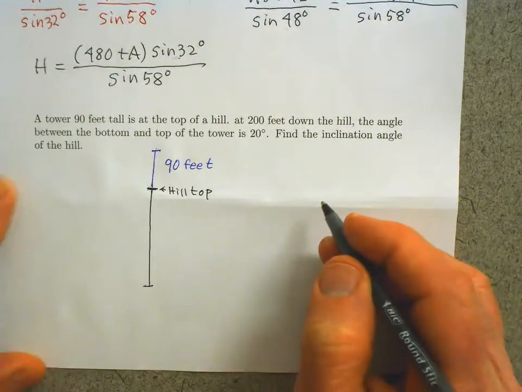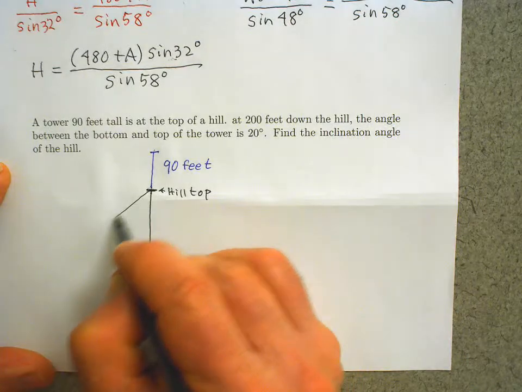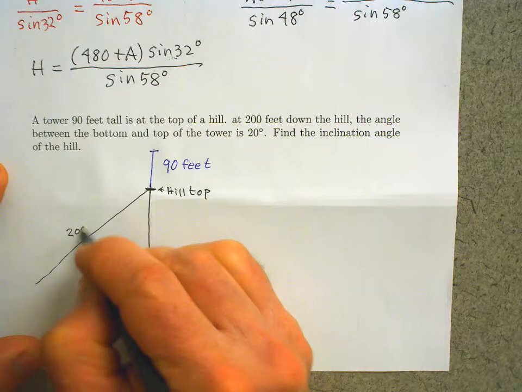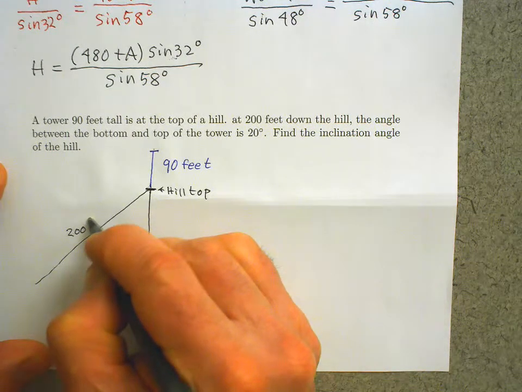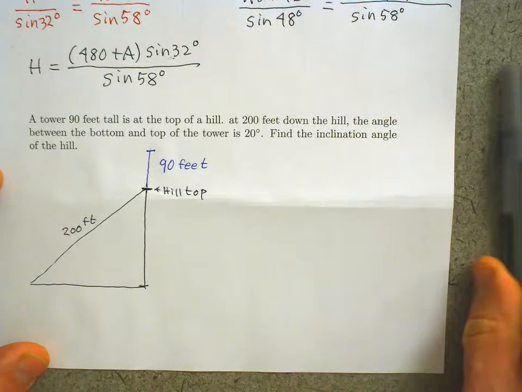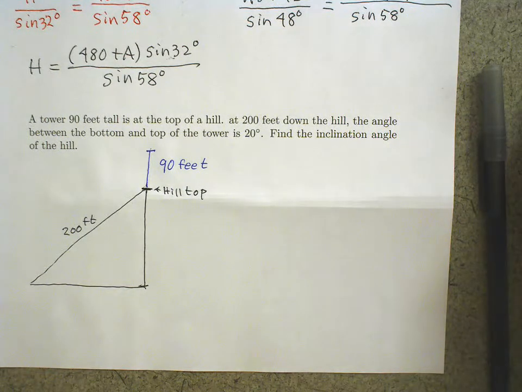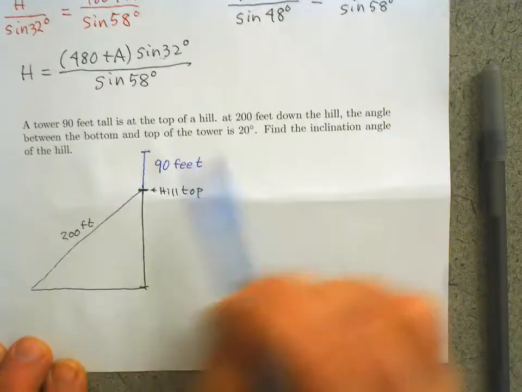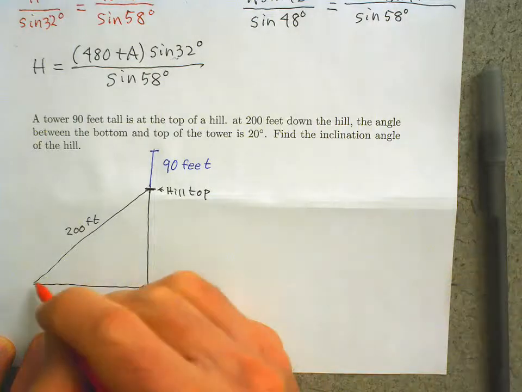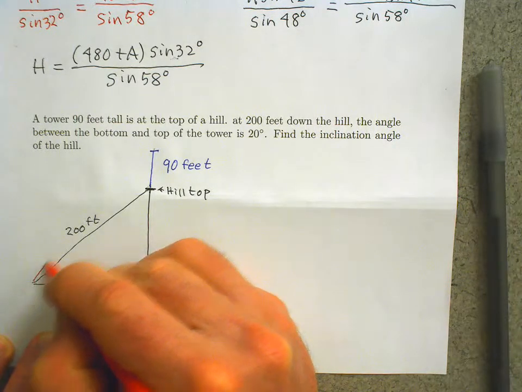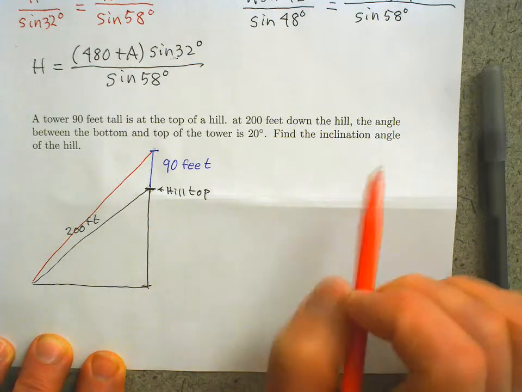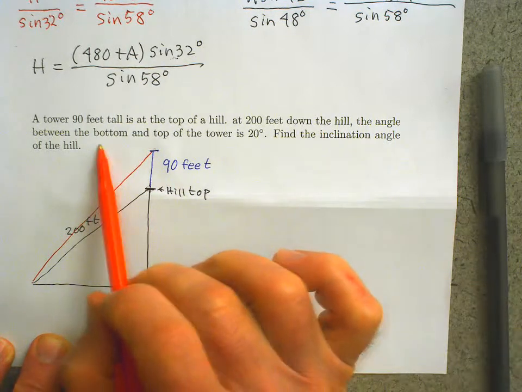And then it says at 200 feet down the hill, so we have down the hill 200 feet. The angle between the bottom and top of the tower is 20 degrees. Okay, so the angle between the bottom and the top of the tower.